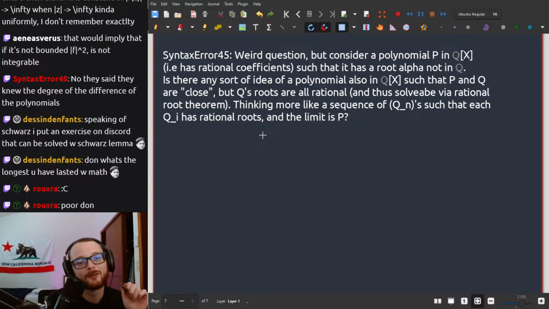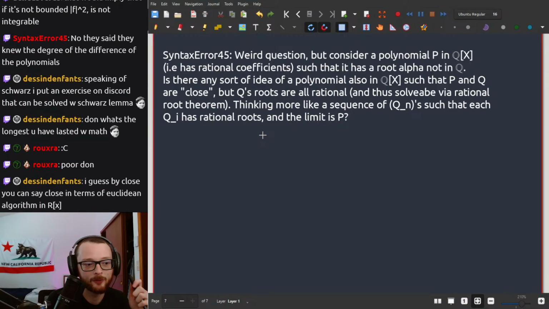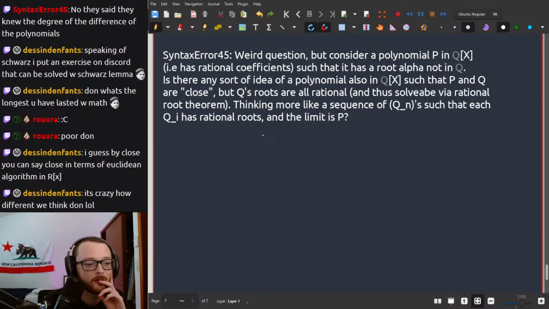Because we can definitely find a sequence of rational numbers that approaches any irrational number, right? Or at least any algebraic one, not counting weird irrationals that I don't know about. I think it's any irrational. Well, okay, so, Euclidean algorithm.